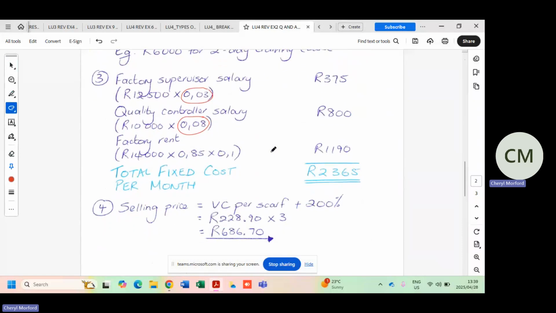The factory rent, only a small portion of it. So 10% of the 85% is 1,190. So there are my 3 fixed costs. Add them together, gives me a total of 2,365, and that is the fixed cost for the month related to the scarves.